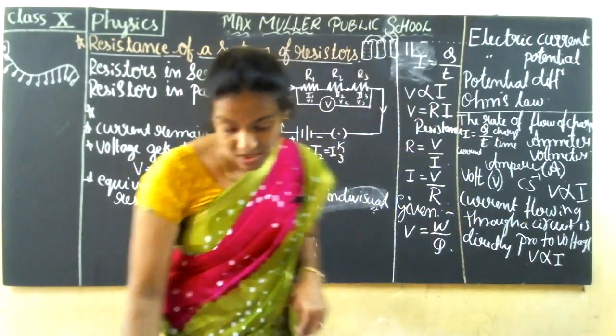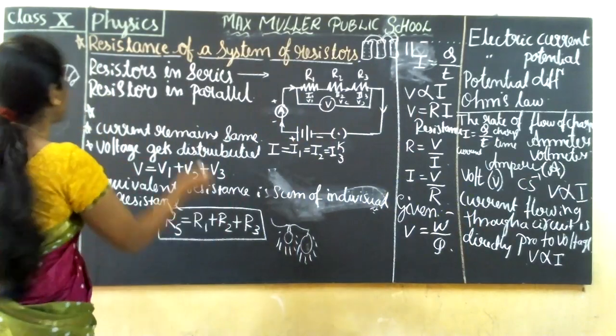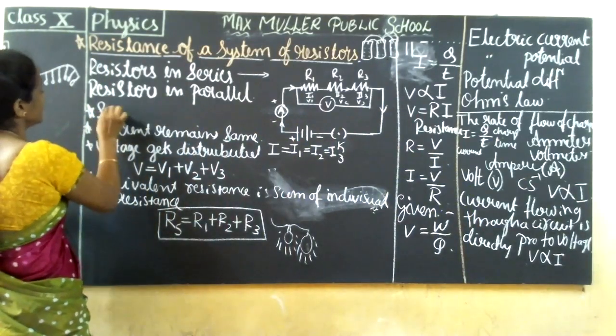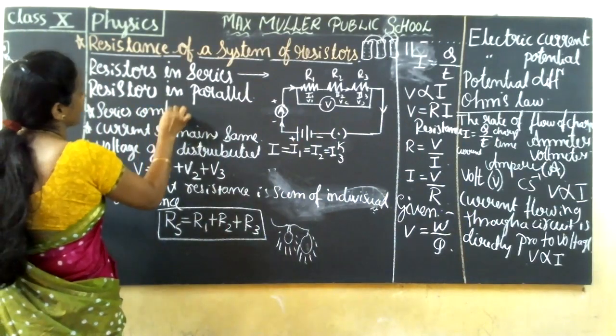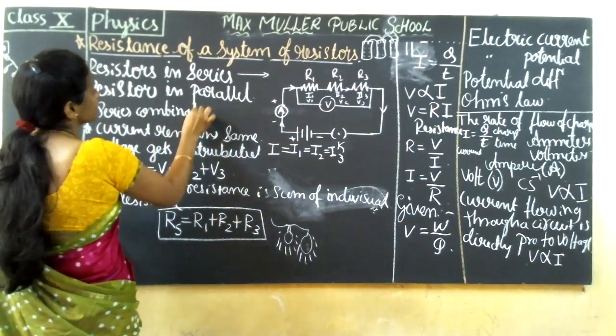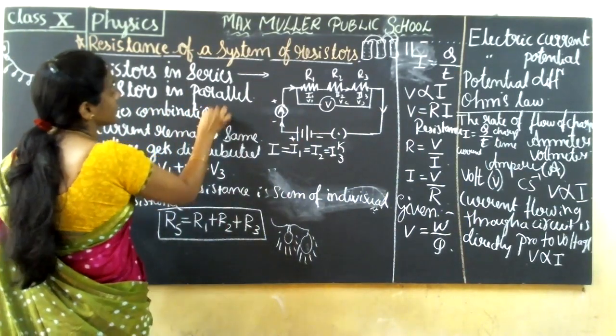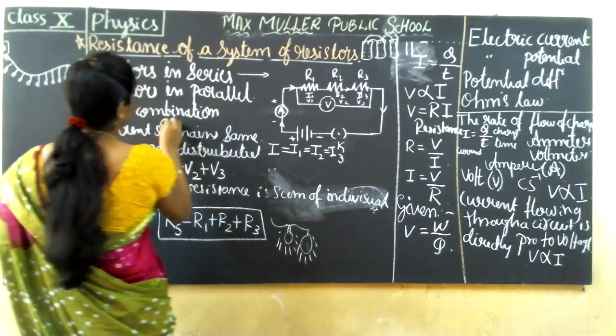So the first one: series combination, resistors are connected one after the other. Connecting one after the other.